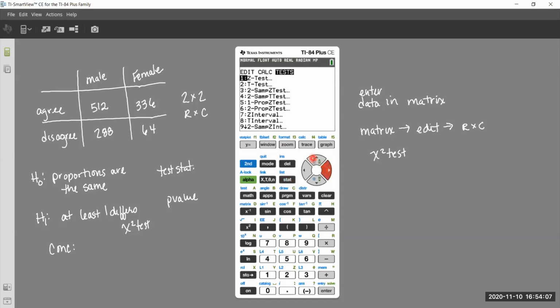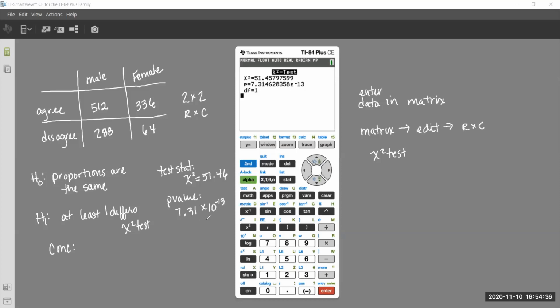We're ready to do our chi-square test. Over to the tests, and I can scroll up. Chi-square test. The observed, the expected. Calculator does it all. And our results, our test statistic, it's a chi-square, 51.46, and a very tiny p-value, 7.31 times 10 to the negative 13th.